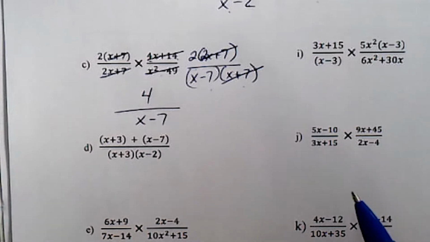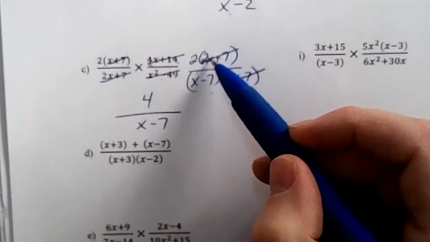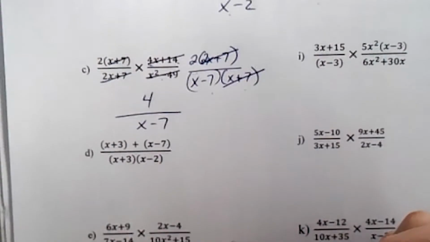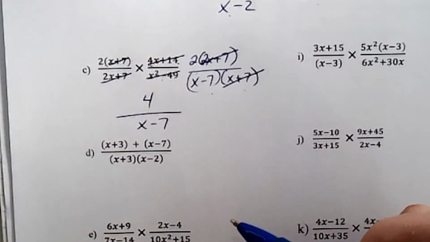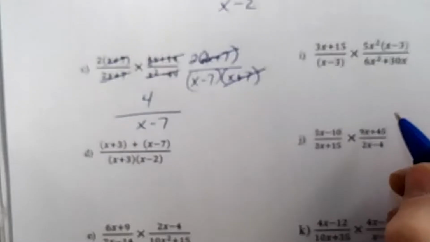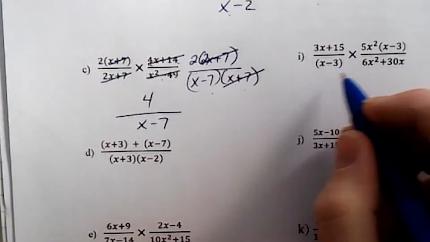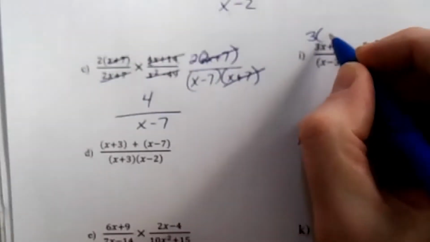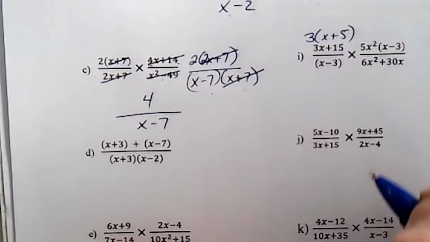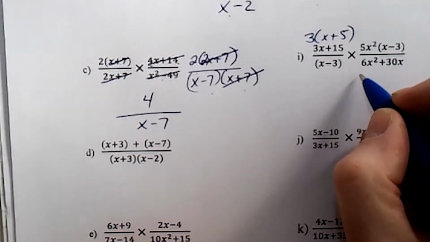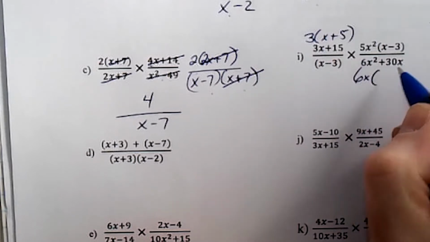So just to emphasize, only binomials can be canceled with binomials. The 4 can't cancel with anything because there's no other monomials to cancel with. So this one, again, we're going to start thinking factoring right away. 3x plus 15. 3 goes into both. 6 and 30, 6 goes into both, and a 6x, because both of them have an x.